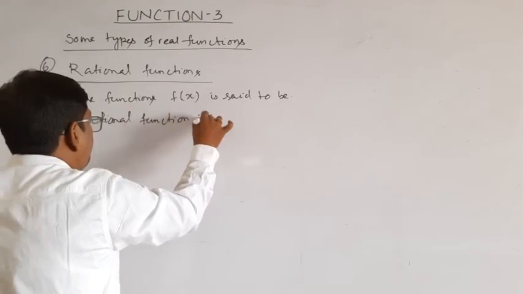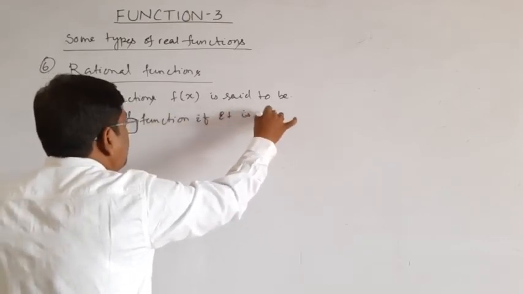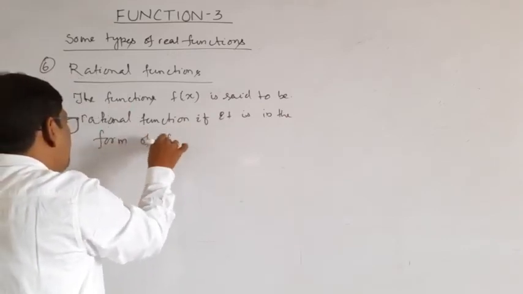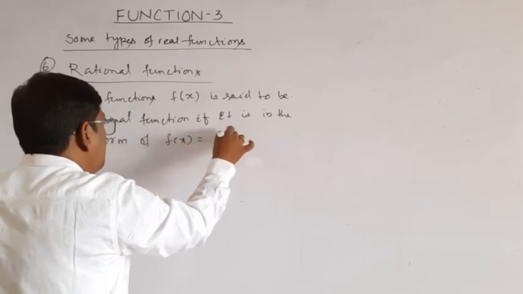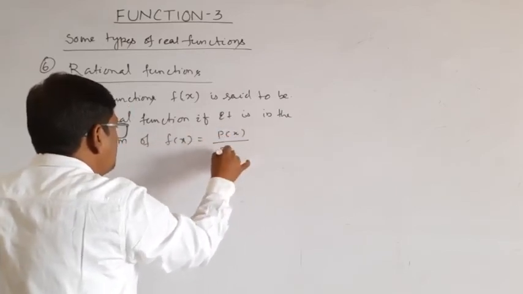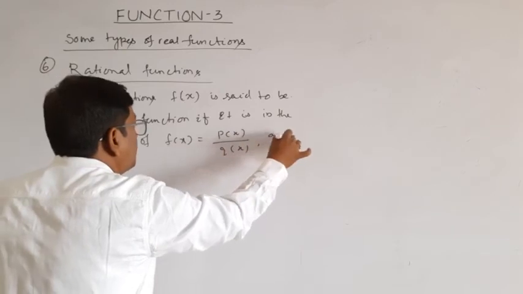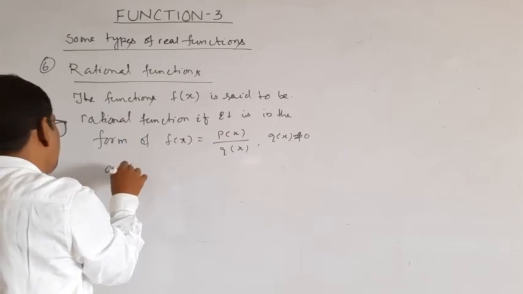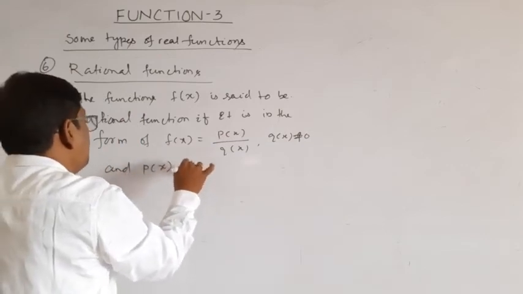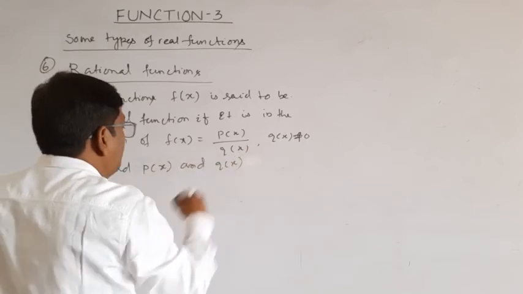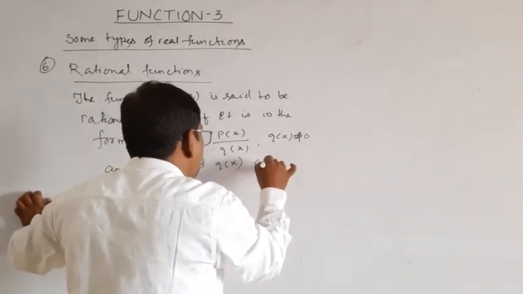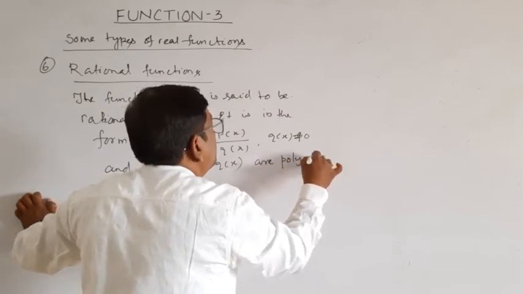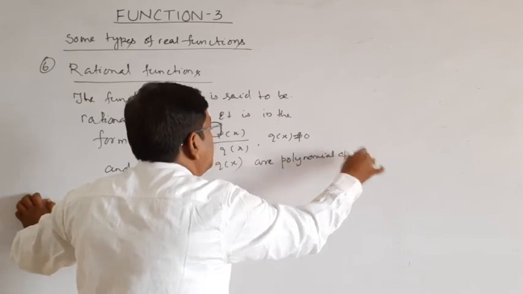if it is in the form f of x is equal to p of x divided by q of x, where q of x is not equal to 0 and p of x and q of x both are polynomials of x.